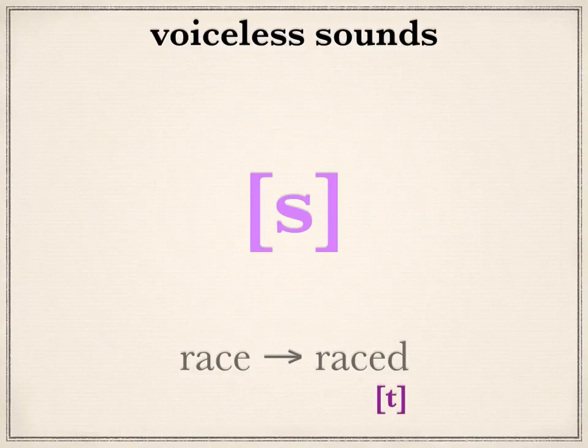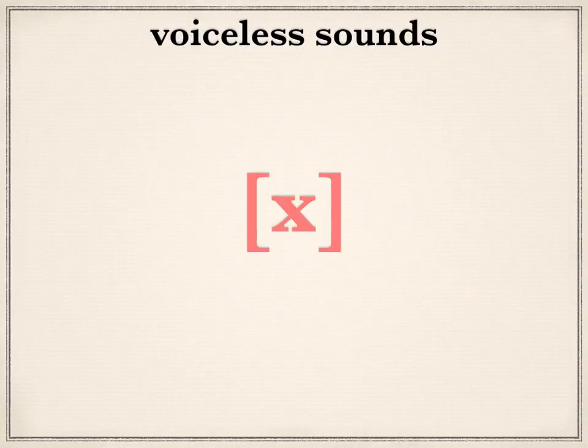The next sound actually has a ks sound at the end. It's kind of like a k and s mixed together as that X. So it has the same voiceless sound, like fix becomes fixed, fixed.